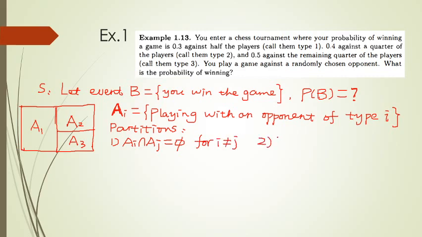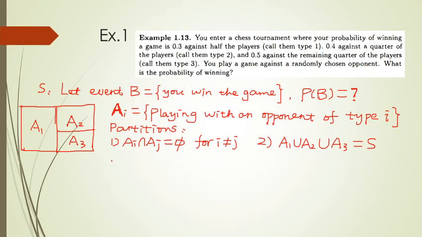And number two, the union of all those events gives the sample space, which means all the players. And you will have the event B: you win the game.